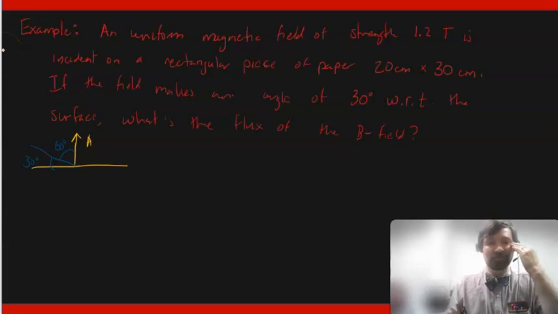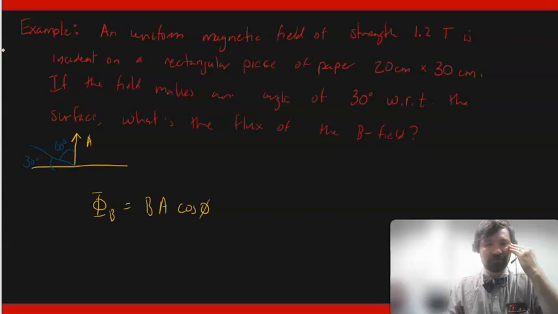So putting all that together, you get a flux phi B of B times A times cosine phi, and that is B times length times width times cosine phi. So phi is 90 minus 30 degrees, or 60 degrees.